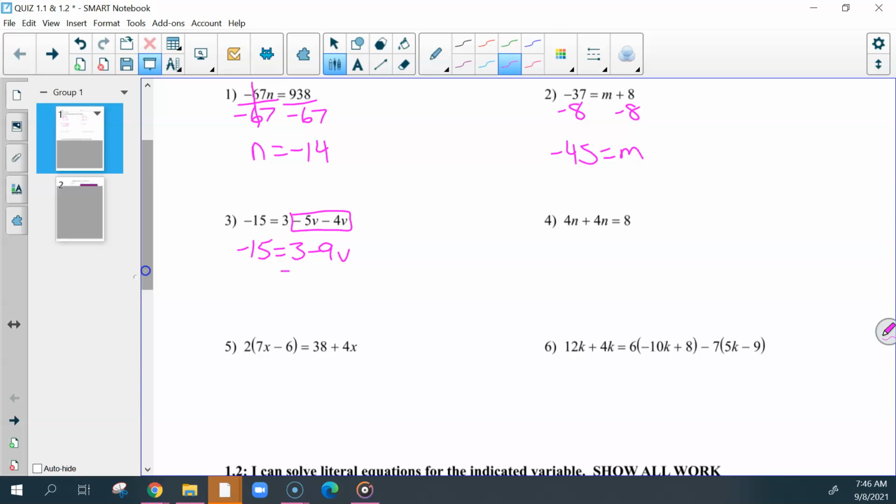Then get rid of the 3 by subtracting it to the other side, and divide both sides by negative 9. So v equals 2 should have been your answer to that one.